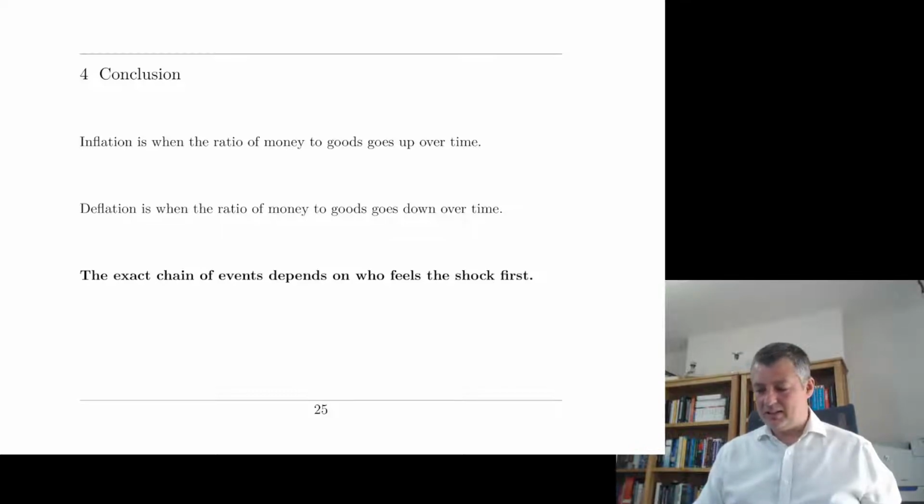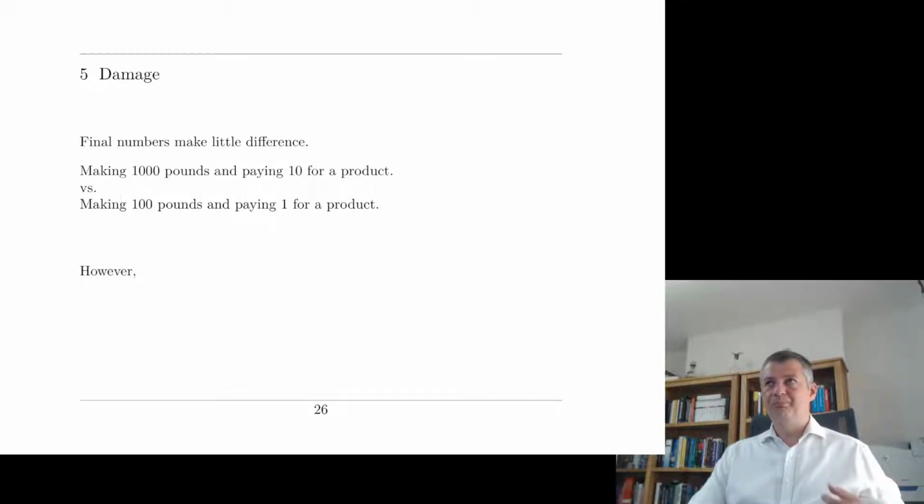To see why that is, let's just think about the damage done to our system because of these shocks. The ultimate numbers, the final numbers, don't really make a difference. If I make £100 a month now, and I have to pay £1 for a sandwich, well, okay.